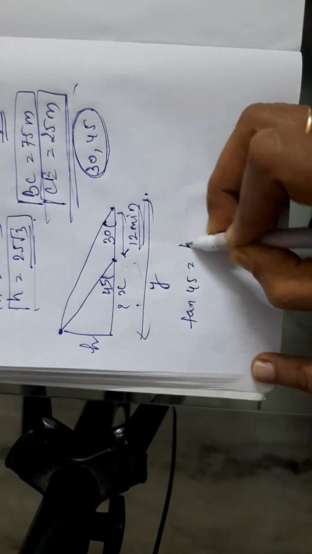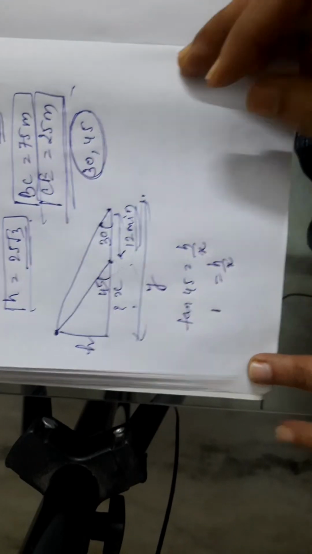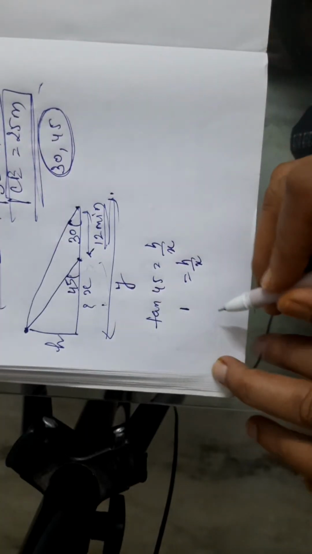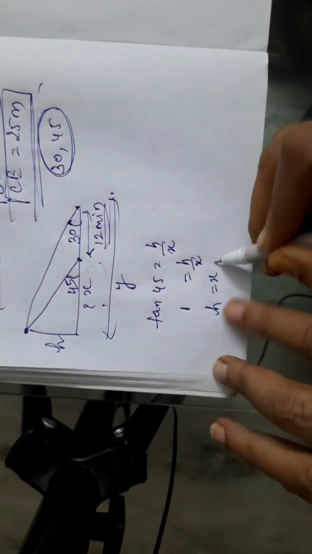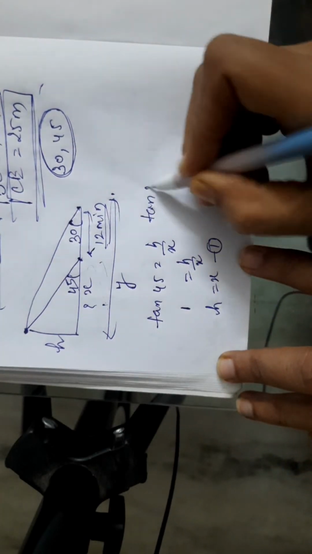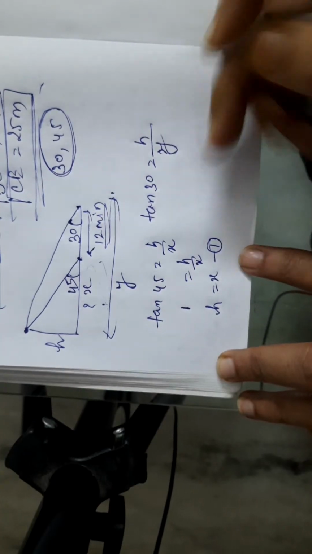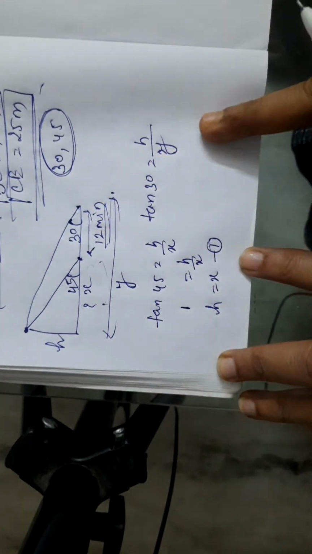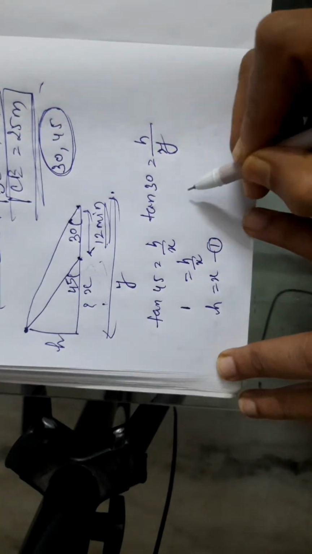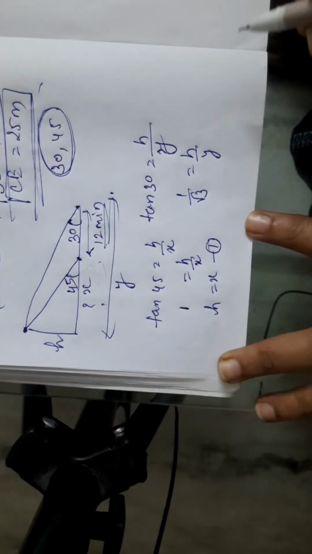tan 45 is h upon x. Tan 45 is 1, thus it is h upon x. Cross multiplying, h is x. Let this be the first equation. Now tan 30 is h upon y, as the complete base is y. Tan 30 is 1 by root 3, so 1 by root 3 equals h upon y.